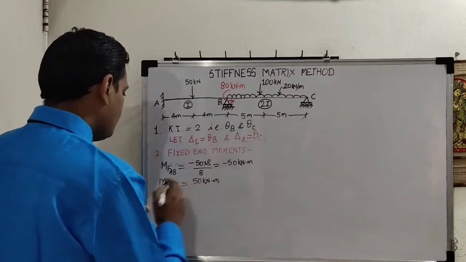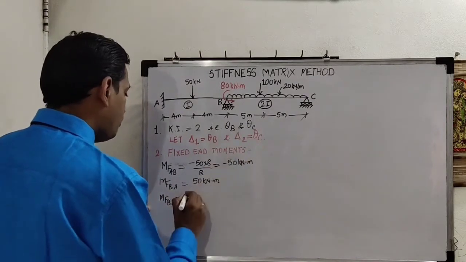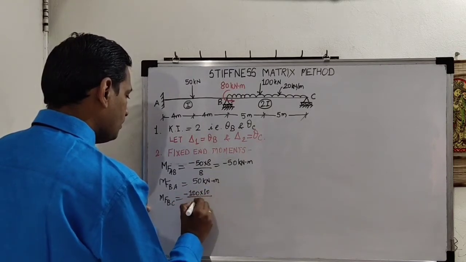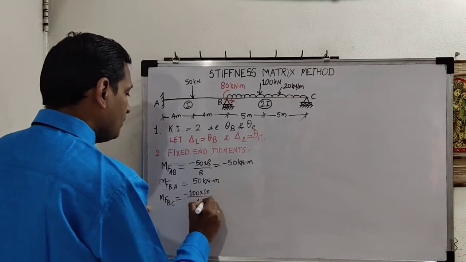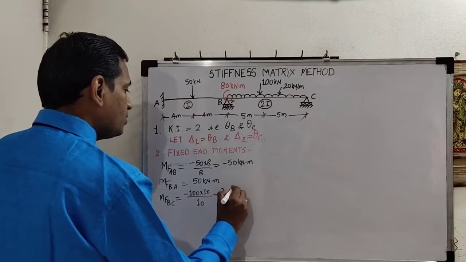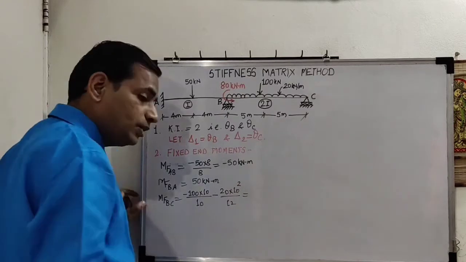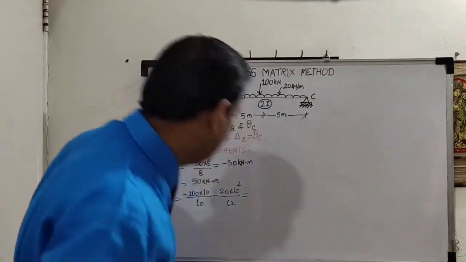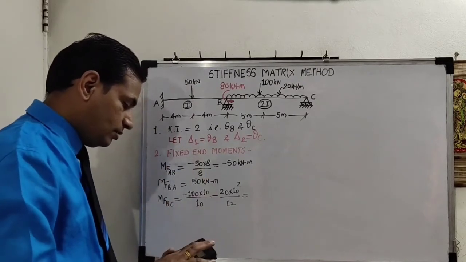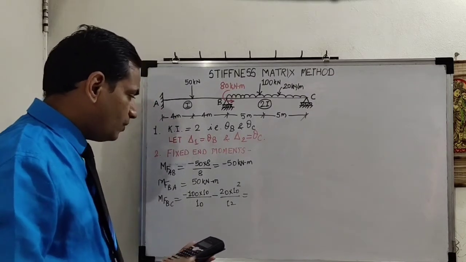Then span BC, it is subjected to two loads. One is central point load, so minus 100 into 10 upon 8, plus minus 20 into 10 square upon 12, minus WL square by 12. So let us see. First term is minus 100, second term minus 20 into 10 square upon 12.